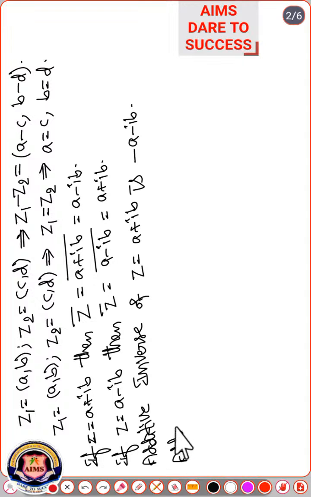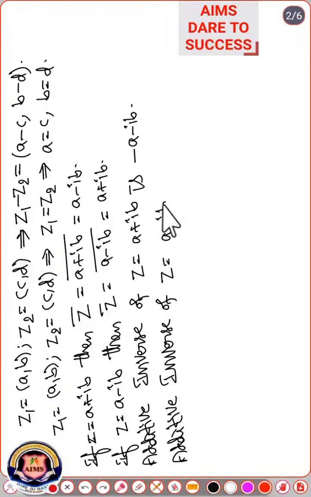Next, the additive inverse of z is equal to a minus ib: here also multiply each and every value by minus, that is minus a, opposite symbol, plus ib. Like this you can continue. According to the given complex number, multiply by minus for every real part as well as imaginary part. Additive inverse completed, my dears.